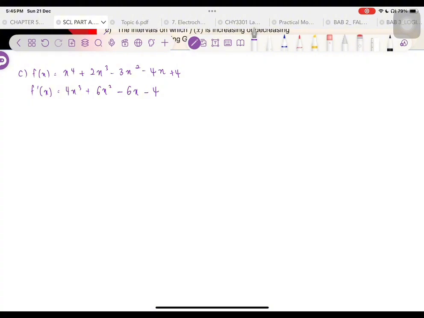To know whether it is increasing or decreasing, we need to substitute the values we get from question B. Next, for x less than -2, we will let x equal to -3. So we need to substitute -3 in the equation.